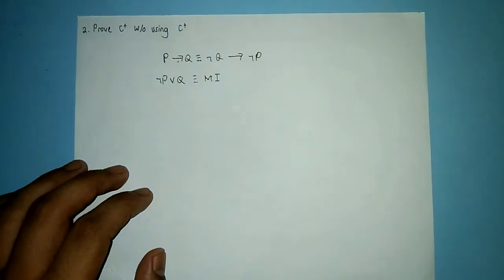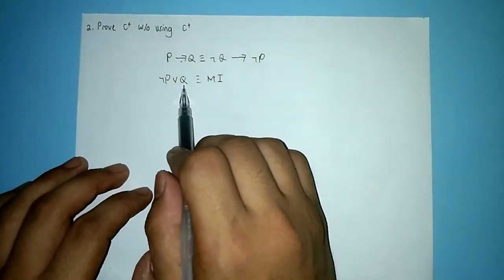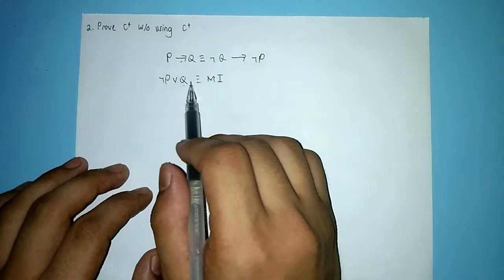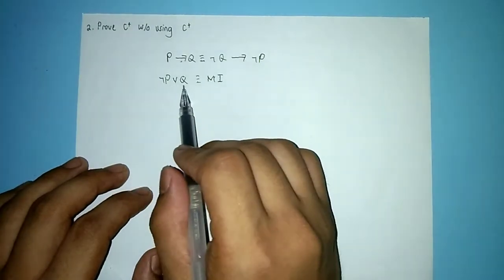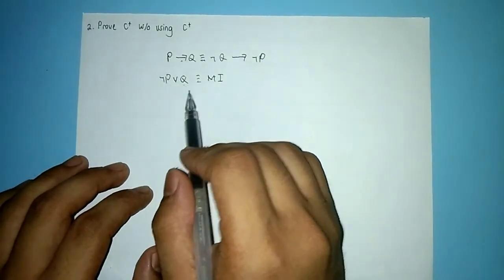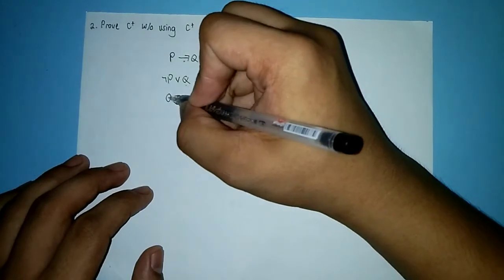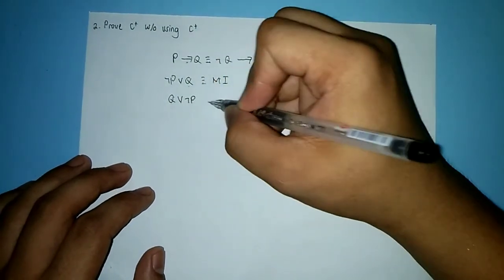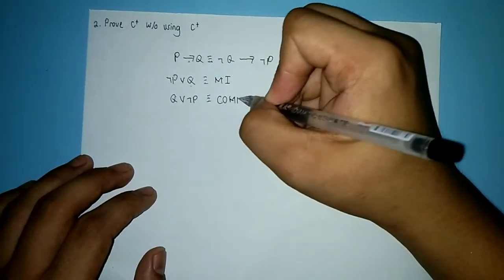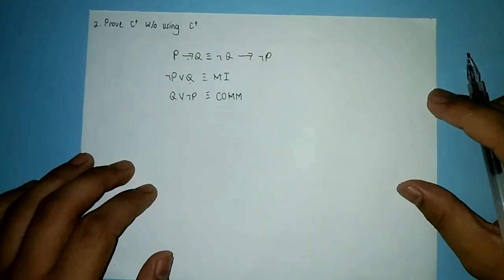So, next naman, yung not P or Q, pagpapalitin ko ng pwesto. So, pwede kong pagpalitin yan by commutativity or com. So, gagawin kong Q or not P by com. Okay?